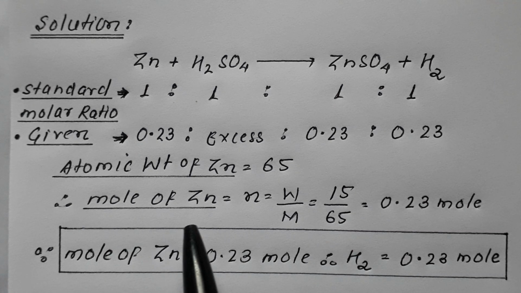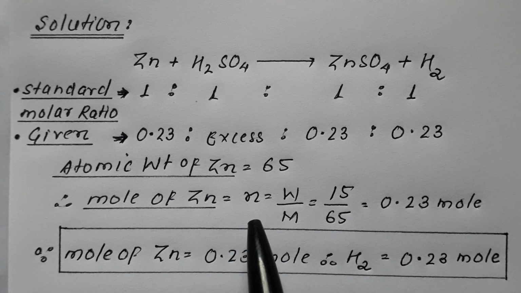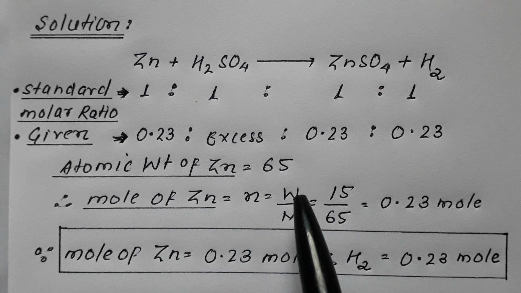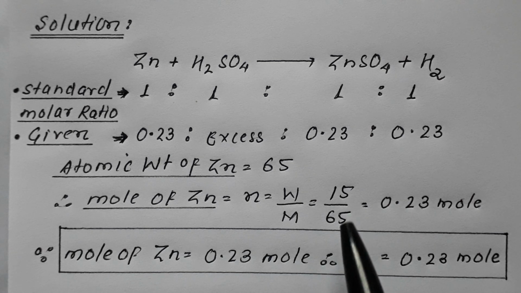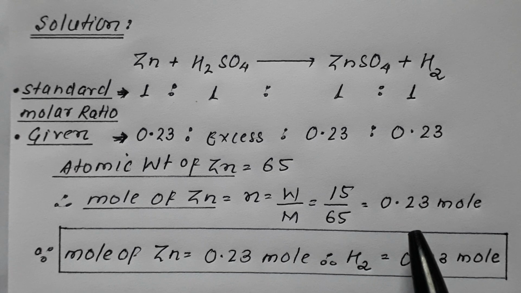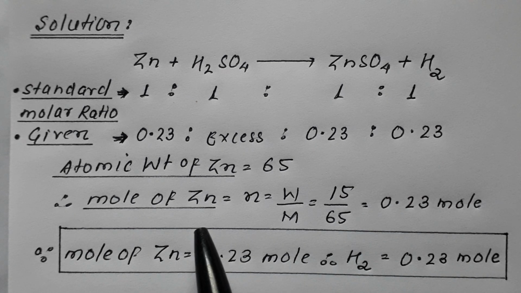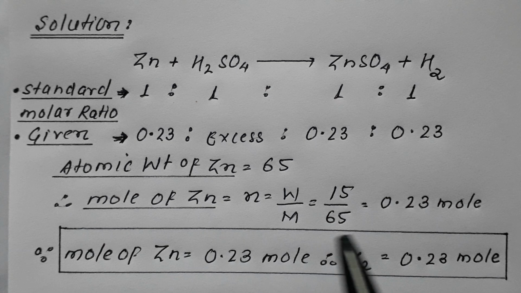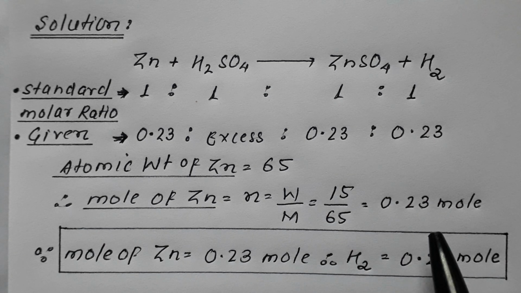The mole of zinc, N, is equal to W by M. The weight given is 15, atomic weight is 65. The mole of zinc comes to be 0.23. So we have converted the weight of zinc into mole of zinc and it is 0.23.